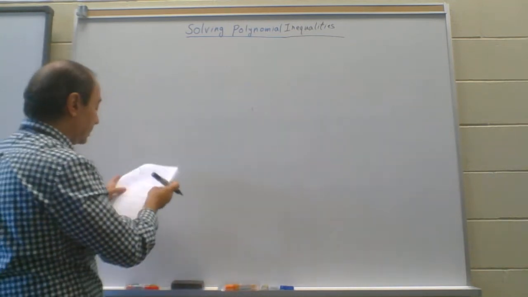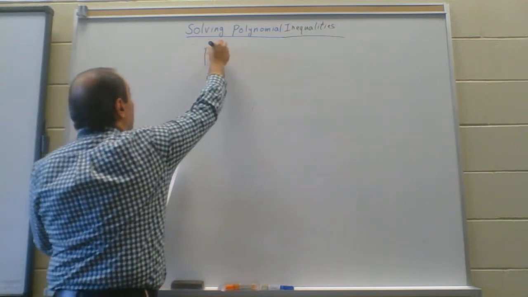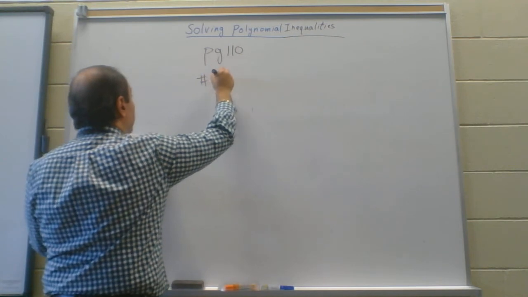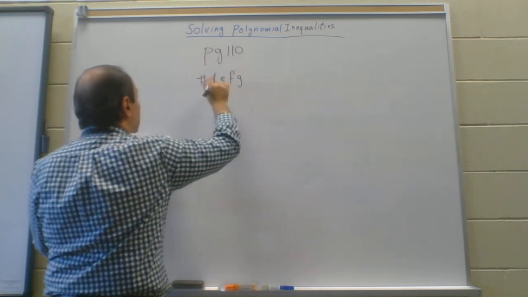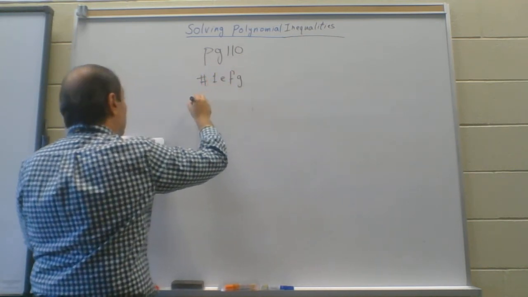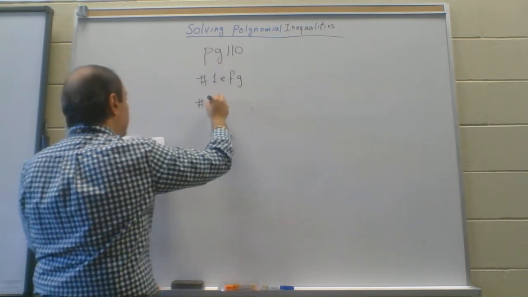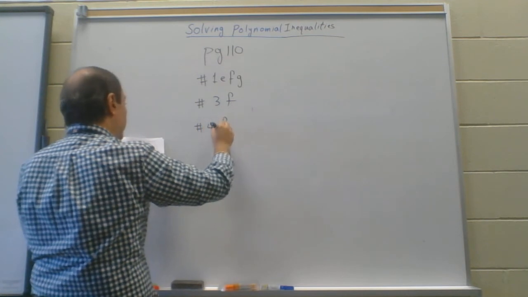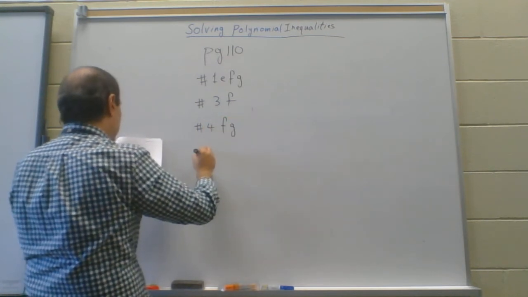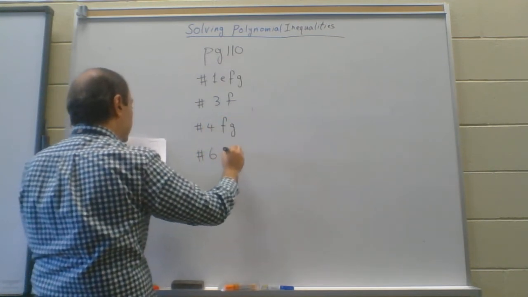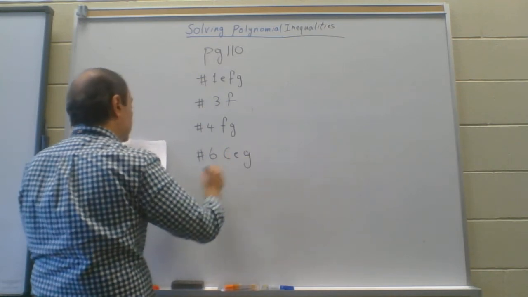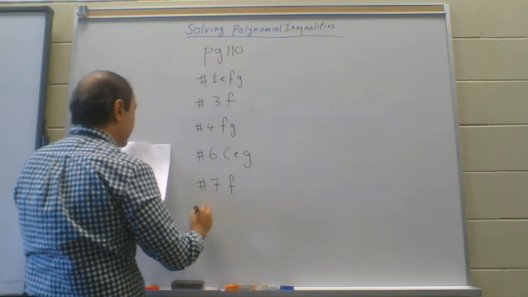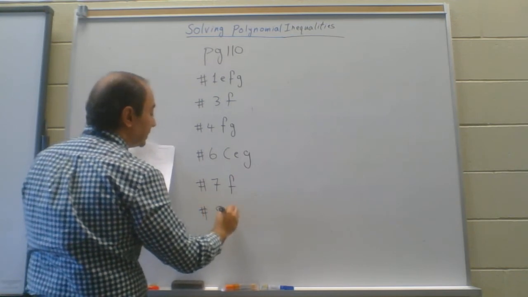First thing is page 110, number 1 E, F, G, number 3F, number 4F and G, number 6 C, E and G, number 7F, number 8D.